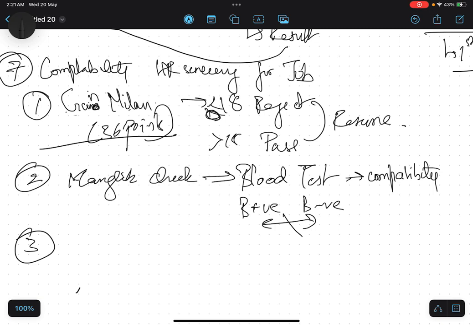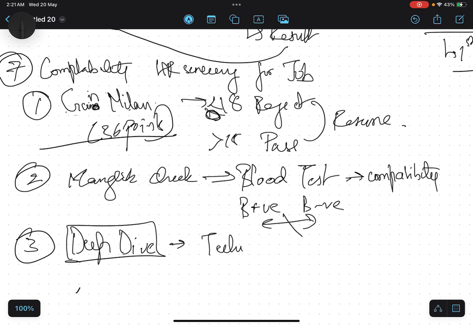And then you have Manglik check, you have Gun Milan, you have, what do you call, Dasha Sandhi, I might have given at the end. Deep dive, I would have given deep dive if I'm not wrong. I call this deep dive the technical round. Basically they test whether you actually know your stuff or not, right, in a job interview.